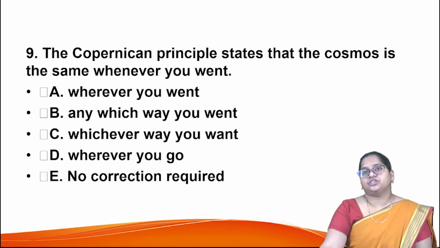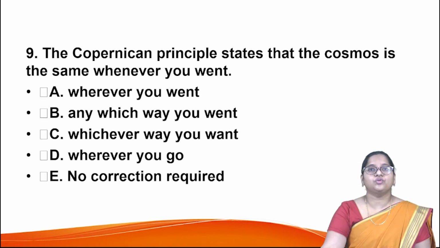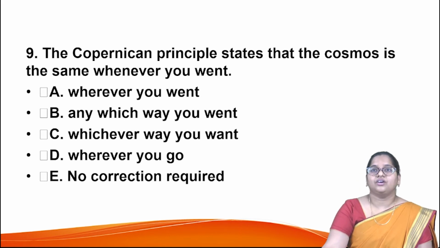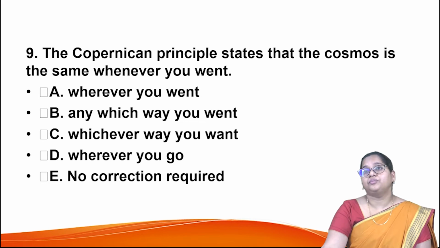Next, 9th question. The Copernican principle states that the cosmos is the same whenever you went. Oh my God, a grammatical flaw is very much observed, a grammatically wrong sentence. What is this Copernican principle?